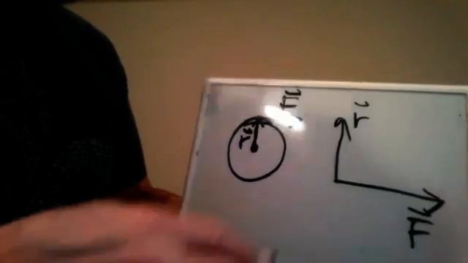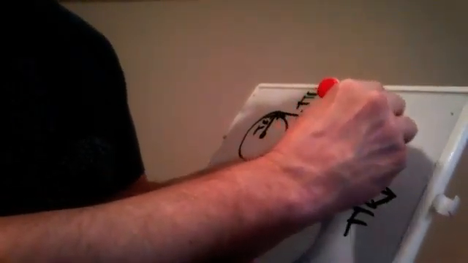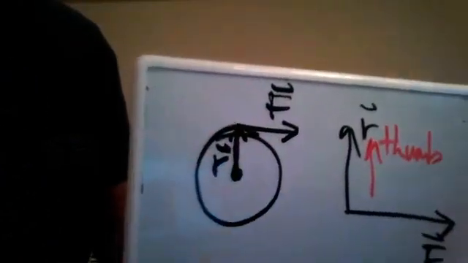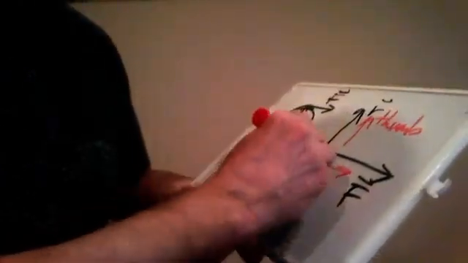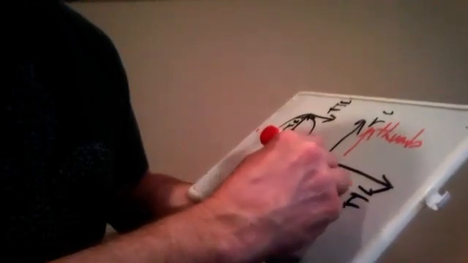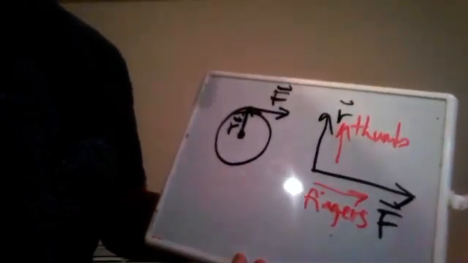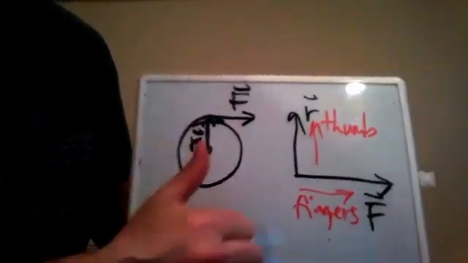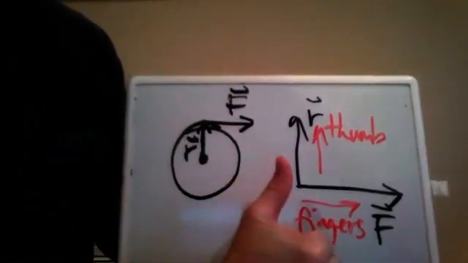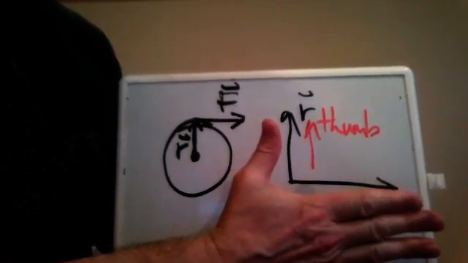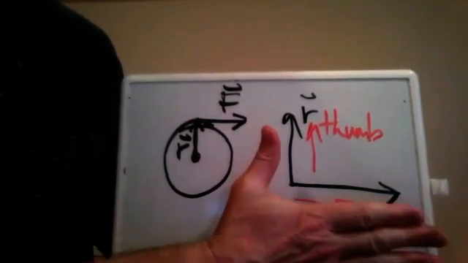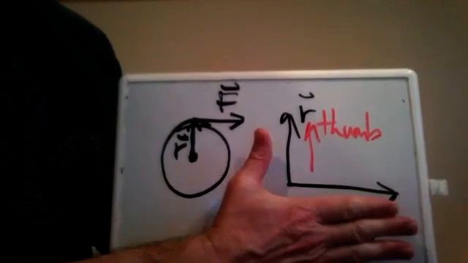Well, we said I want my thumb to point in the direction of R. So my thumb's going to point up. My fingers are going to point in the direction of F. So in this case, I take my right hand, thumb points up, fingers point in the direction of F, and notice my palm is pushing in.